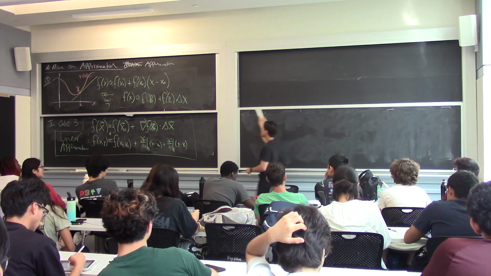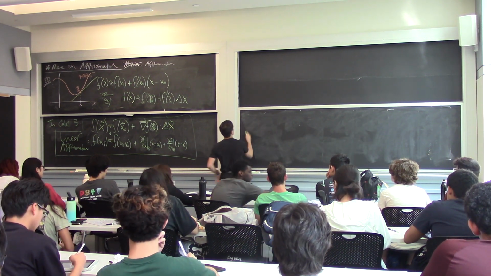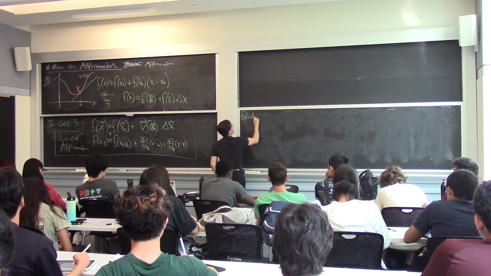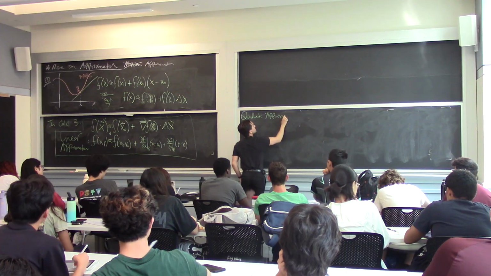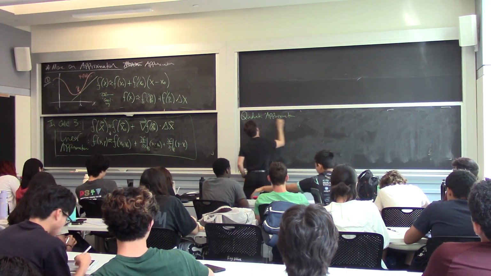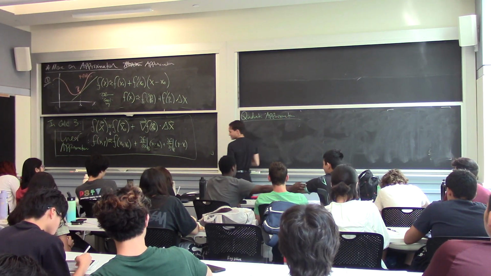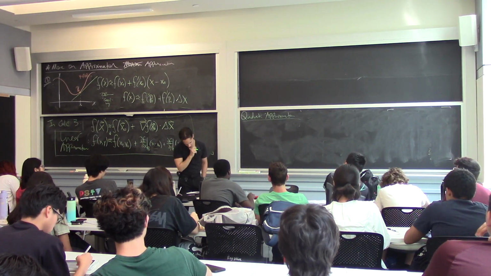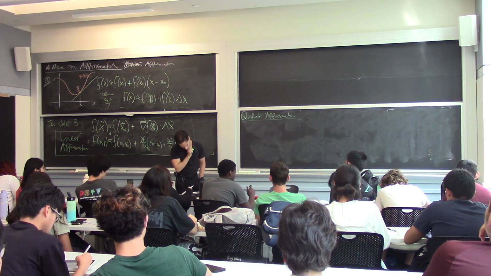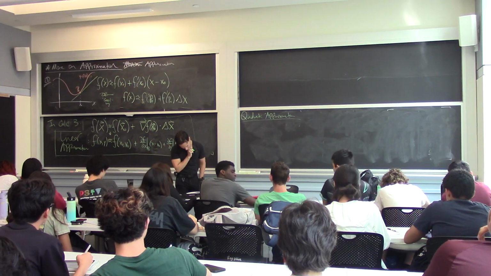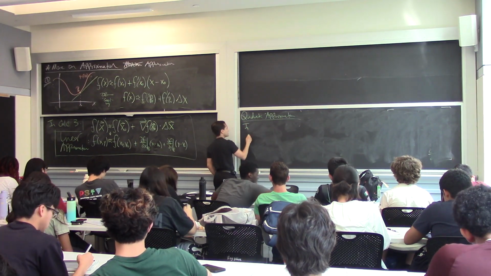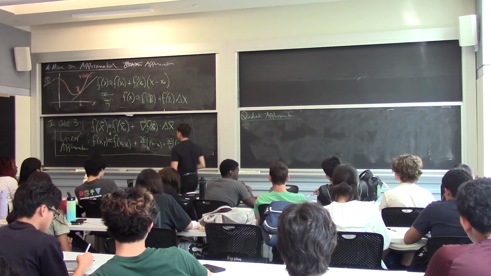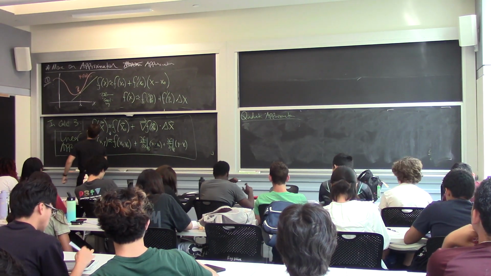So this was linear approximation. Now we're going to talk about quadratic approximation, and quadratic approximation unlocks a world of cool properties that are going to jump out. Quadratic approximation in single variable calc.